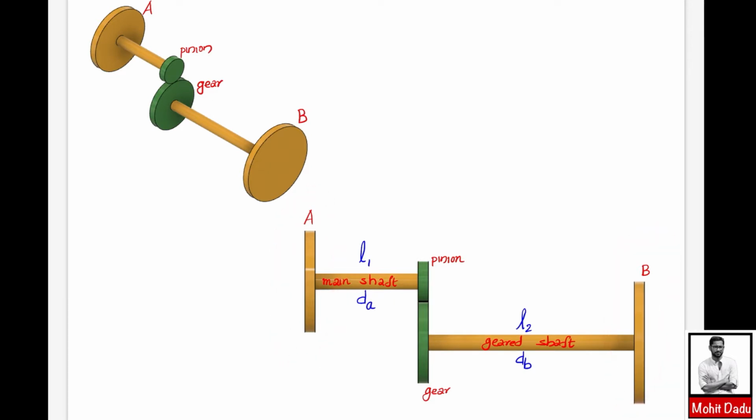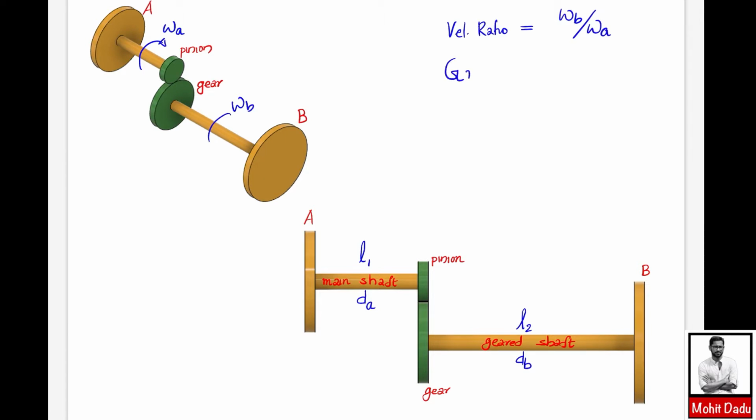So here, suppose the main shaft that is connected to rotor A is rotating at some angular velocity omega A, then this will be rotating at some angular velocity omega B. Then you know that the velocity ratio is equal to the angular velocity of the driven, that is omega B divided by omega A. In a similar way you can define the gear ratio.